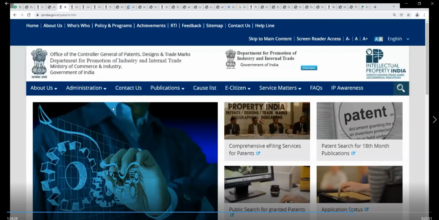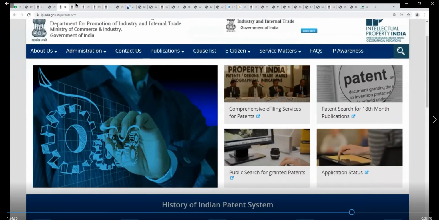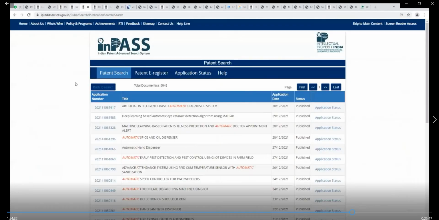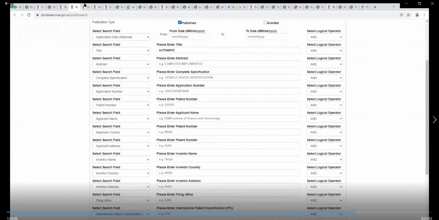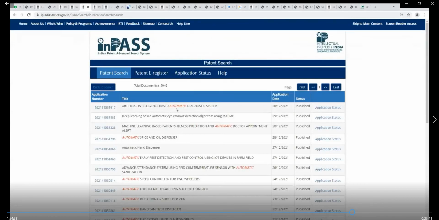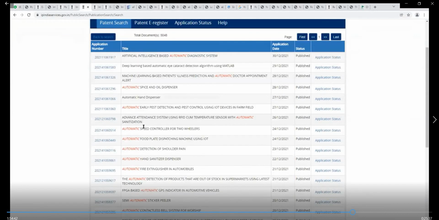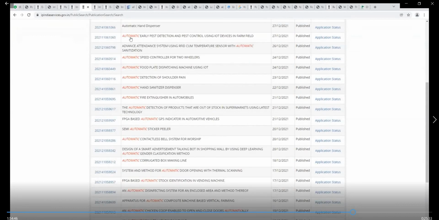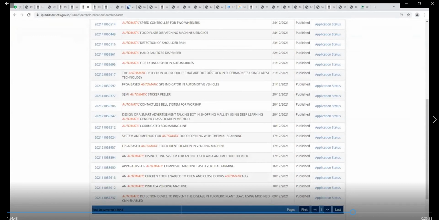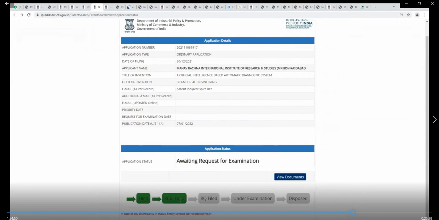So this is the patent website. It looks like this. When we are searching or looking at the status, suppose I write the word automatic and search for it, I get an artificial intelligence based automatic diagnostic system, and other inventions; this many inventions are there in the name of automatic. If I click here, I get this application. It is filed and published. If I want to view the documents, I can.